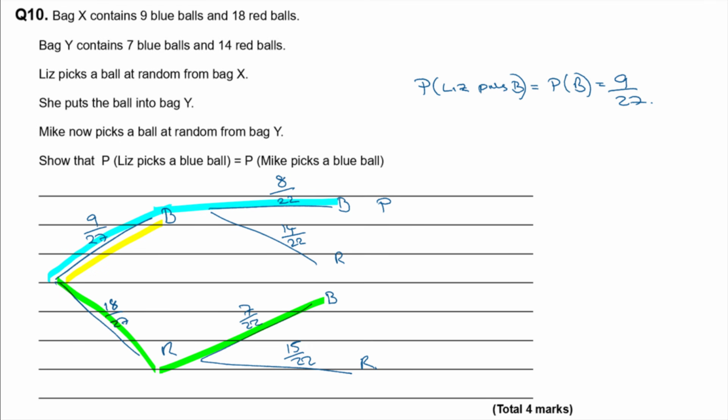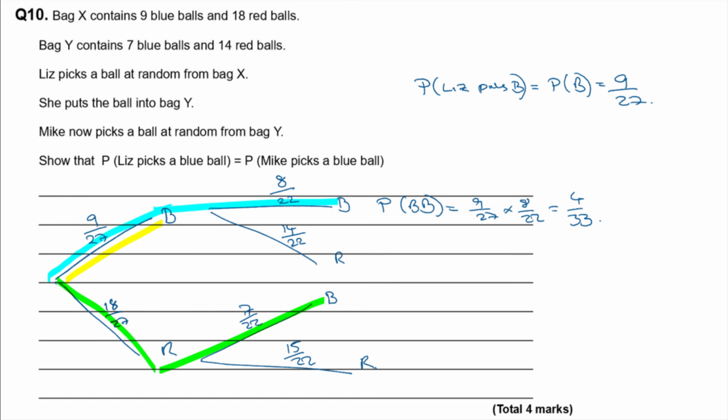So the probability of blue is 9/27 times 8/22. I am going to cancel this down because I need to compare it with other things at the moment, so I'm going to do it properly. 8/22 comes out to be 4/33.